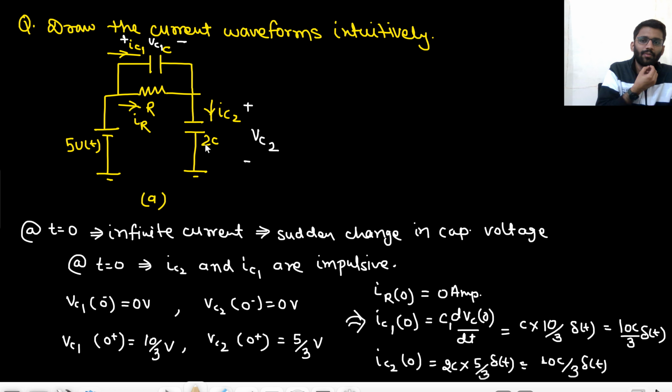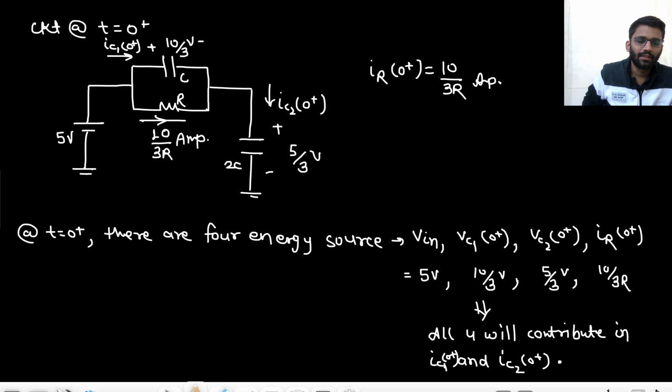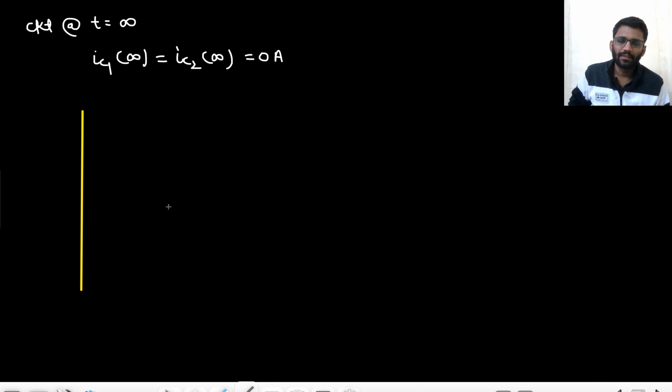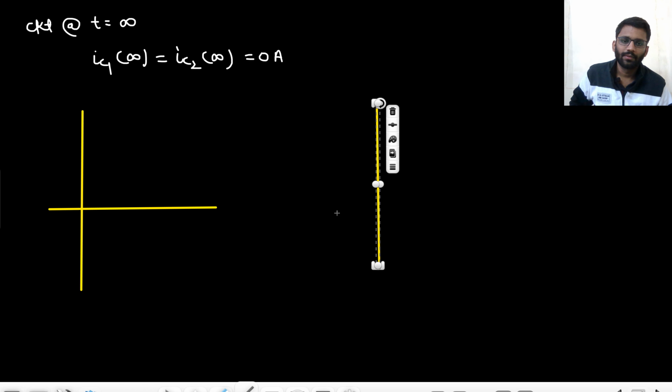Both the capacitors will be open circuited, so the current will be 0 only. IC1 equals IC2 equals 0 ampere. So tell me, how will the graph go? For IC1 we will draw, for IC2 we will draw.